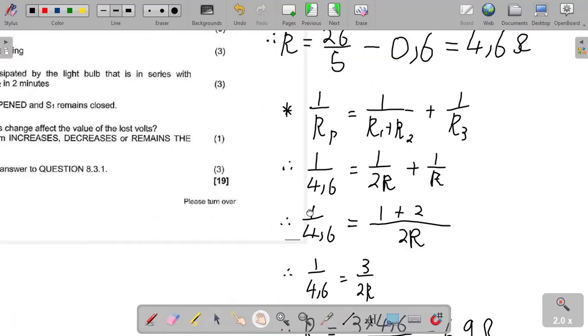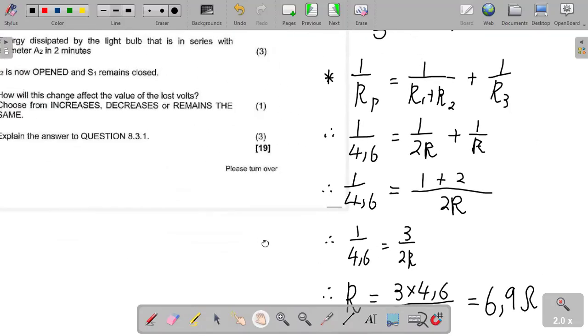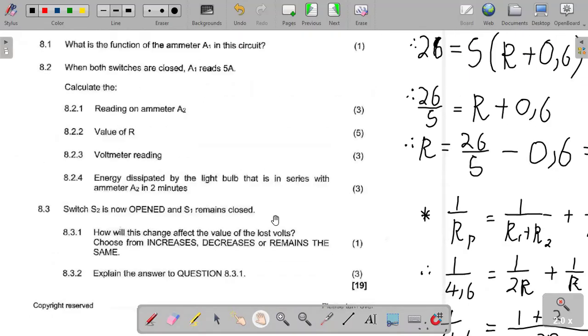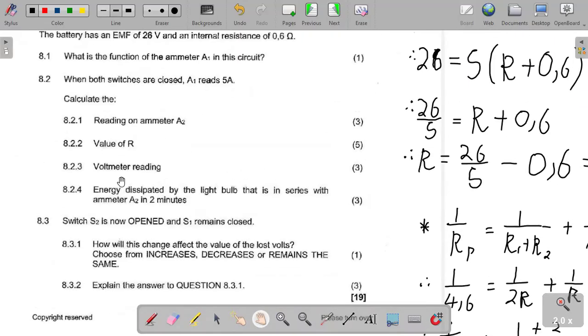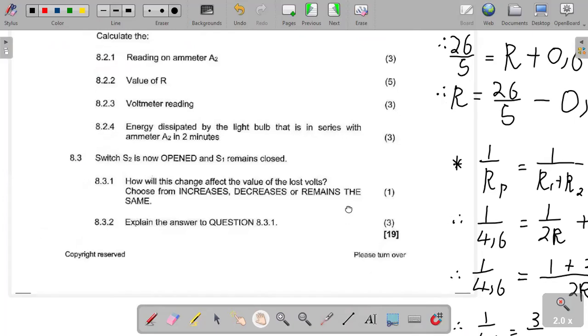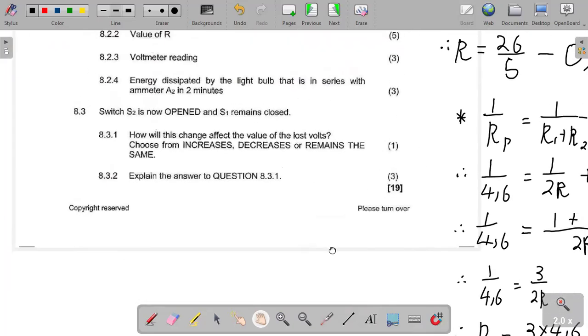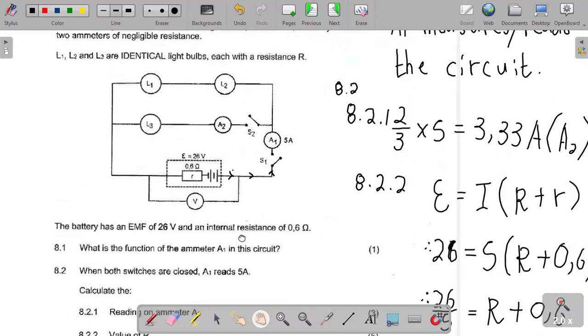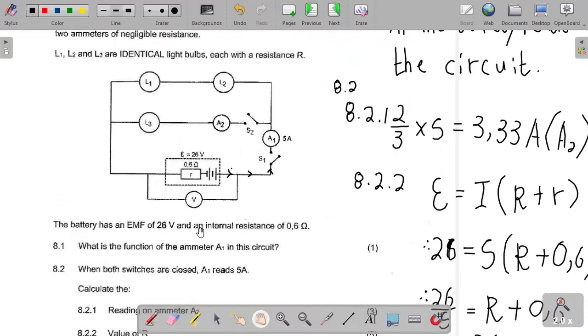Then 8.2.3, they want the voltmeter reading. The voltmeter reading, which in this case is going to be the V external. Okay, so the external voltage in this case, because the voltmeter reading will be here, and it will be the external voltage. So we have to use the external resistance and the current.